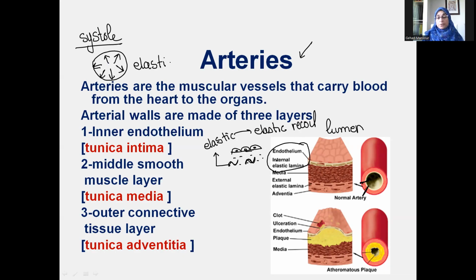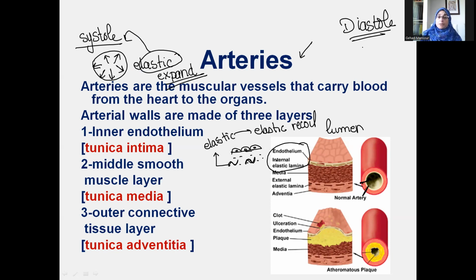So because the aorta is elastic, it will expand during systole. But during diastole, elasticity is equally important. The importance of elasticity during systole is to allow expansion.